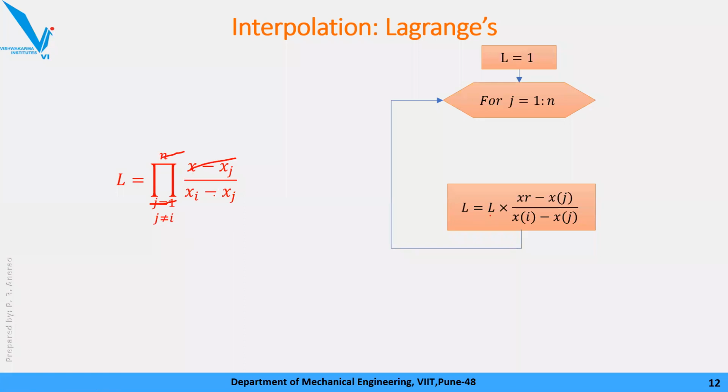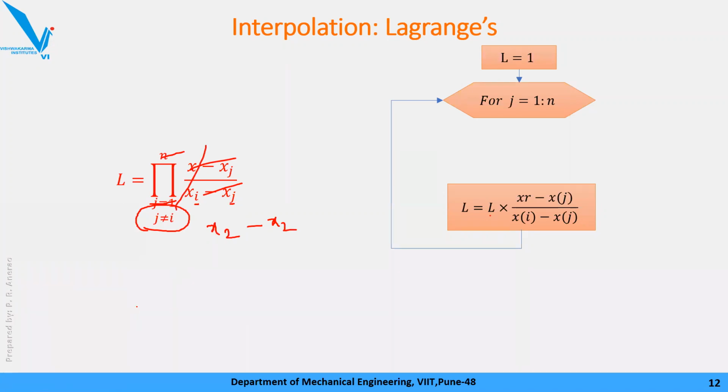Now so we have taken care of this part. Next, there is one condition, j should not be equal to i. Yes, we know that whenever i value and j value are same, that means x2 minus x2 अगर होगा तो division by 0 हो जाएगा और पूरा error create करेगा.